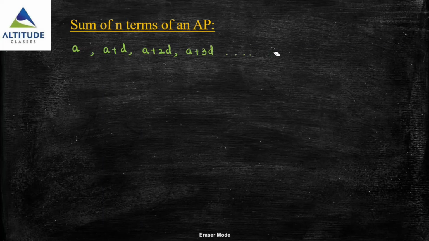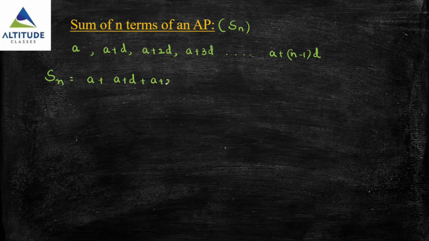What is the nth term in this? a plus (n minus 1) into d. So Sn represents the sum of n terms of AP. That is nothing but a plus (a plus d) plus (a plus 2d) plus (a plus 3d) plus so on up to a plus (n minus 1) into d.